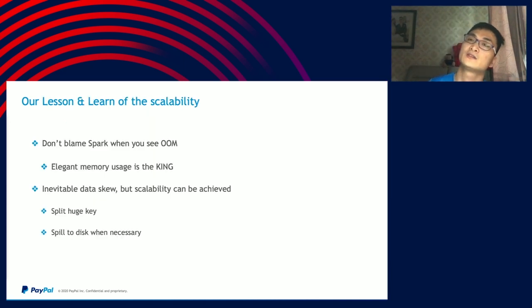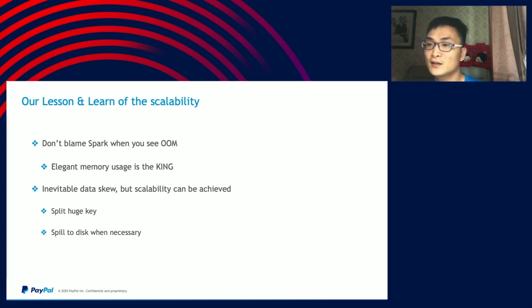Okay, here are some lessons learned from the scalability use case. Just 2 points I want to highlight. First one is, do not blame Spark when you see out of memory, because from my experience, I have never seen an out of memory issue which is caused by the Spark mechanism itself.